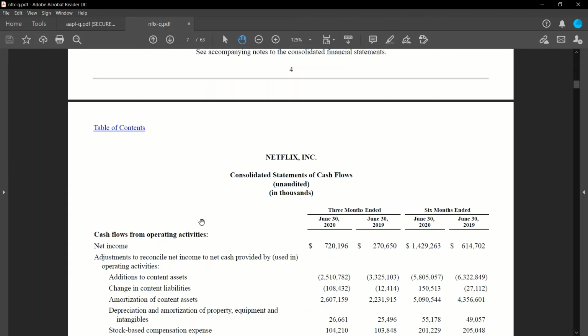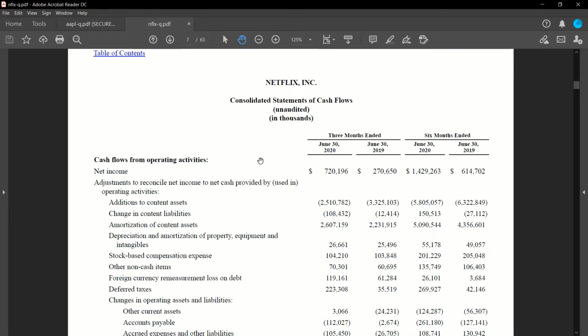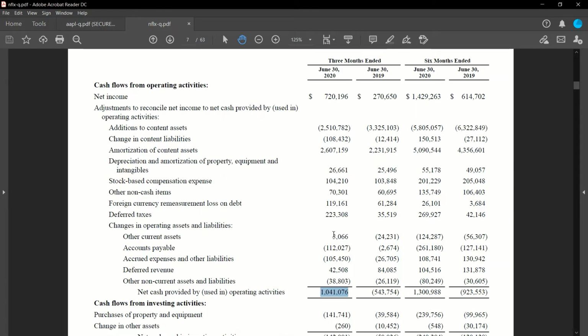So looking at Netflix's statement of cash flows, we can look at their cash flow from operating activity at the end of 3 months, ending June 30th, 2020. They had $1,041,076,000 provided in cash flow. So this is the amount of cash generated by the business. It excludes any non-cash items, payables, receivables, depreciation.